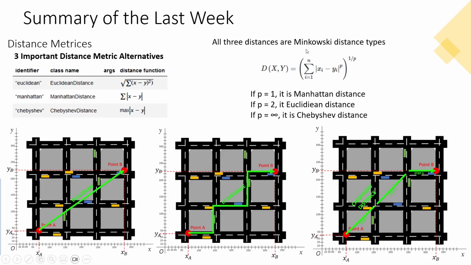They are called the Minkowski distance family, and they share basically the same equation. By just using p as 1, we obtain the Manhattan distance formula. If we use 2, we obtain the Euclidean distance formula, and if we use p as infinity, then we obtain the Chebyshev distance formula.